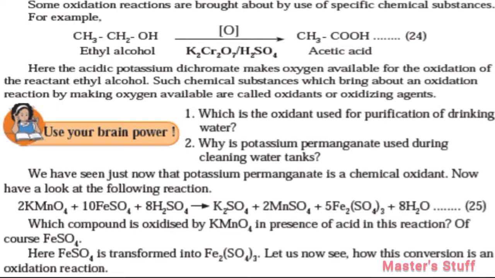Here the acidic potassium dichromate makes oxygen available for the oxidation of the reactant ethyl alcohol.